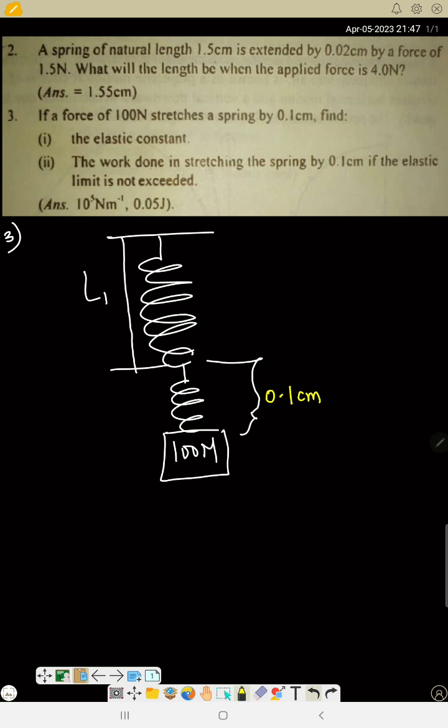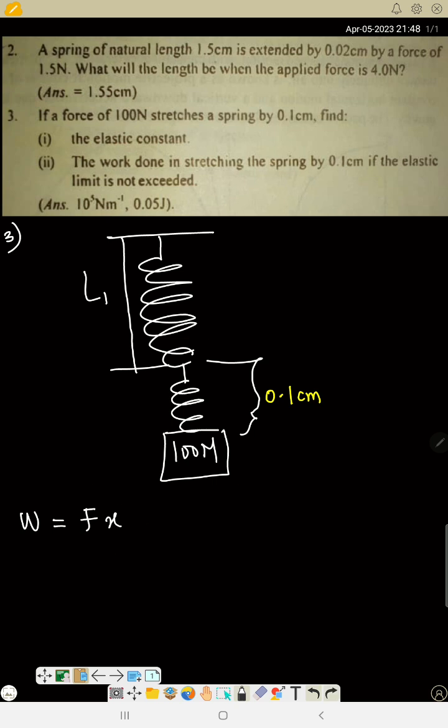Remember, work done is force times displacement. That's the formula for work done if the force is constant. We can also use x for displacement s, so work done can be Fx, as in force times displacement.